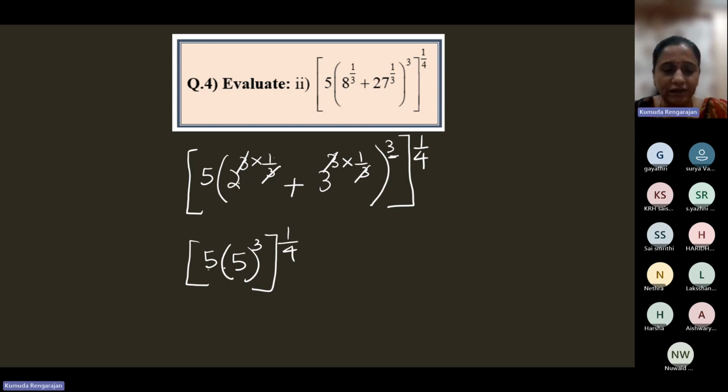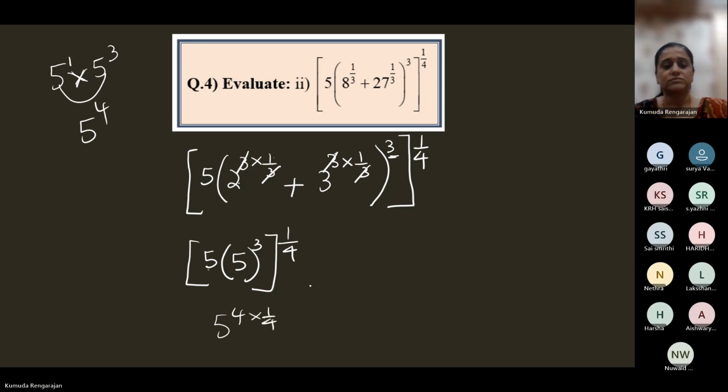Now this is 5 into 5 cubed. Bases are same. It's multiplication. Add the powers. 5 to the power 4, and this power 1 by 4. Multiply the powers. 5 to the power 1, which is 5.